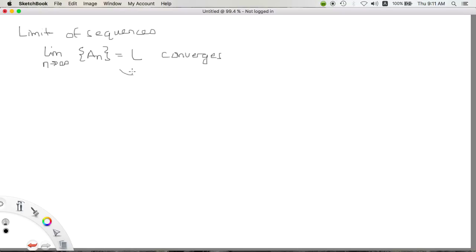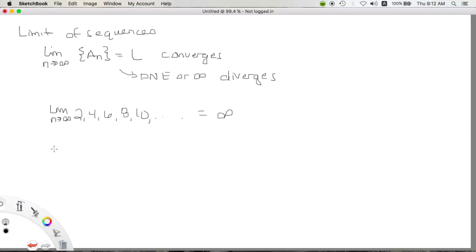If you don't have a number, it doesn't exist, or you're going on and on to infinity, then we say that it diverges. For example, if we have a sequence 2, 4, 6, 8, 10, and so forth, we're adding 2, it's an arithmetic sequence, and if we take its limit as n goes to infinity, I keep adding 2 and adding 2 and adding 2, so it's going to keep going to infinity. So the limit is infinity, and therefore it diverges.